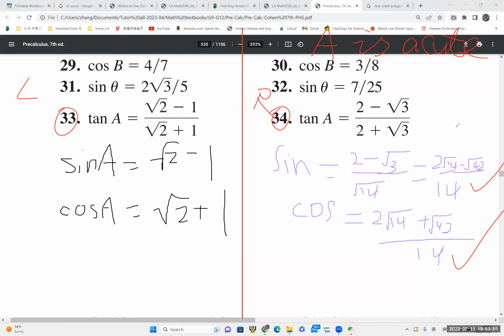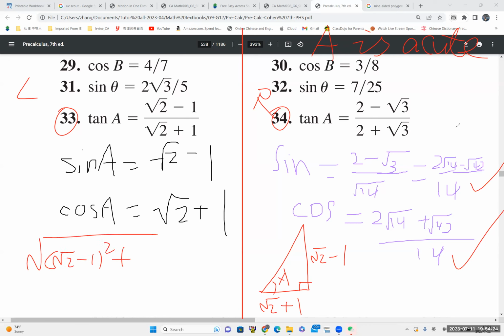Now let's talk about the 33. You can build a right triangle. Suppose here is angle A, then here is 2 radical minus 1, here is 2 radical plus 1, right? Then let's think about the hypotenuse. It's the square root of minus 1 squared plus 1 squared.